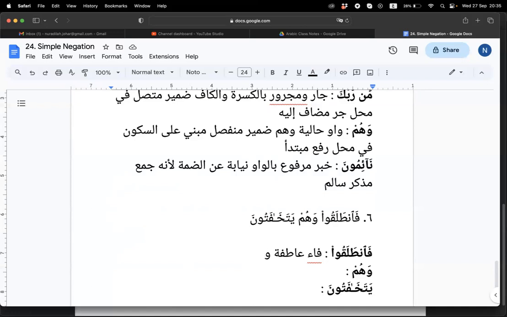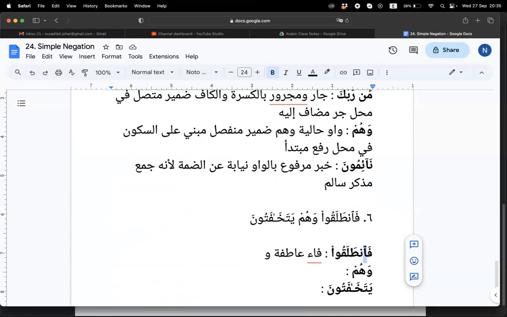This one has the alif at the end, so maybe madi hum. If you think this is madi hum, what about other possibilities? Antum, for what kind of fi'il? Fi'il amr. Yes, very good, because it starts with a hamzatul wasl.